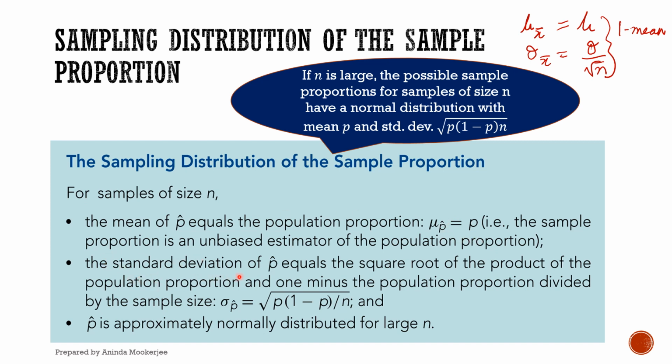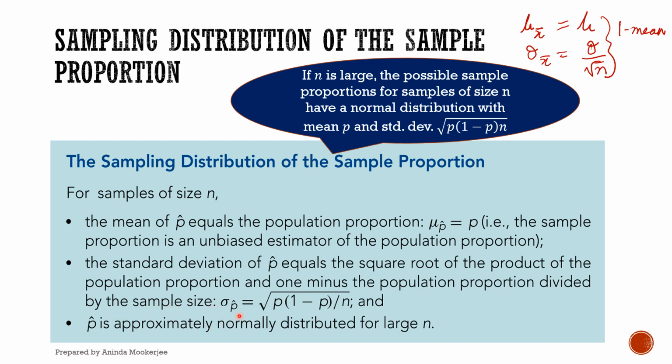The standard deviation of the sample proportion. All right. So in chapter 12, we are only referring to proportions, no more means. So the standard deviation of sample proportion equals the square root of the product of the population proportion and 1 minus the population proportion divided by the sample size.